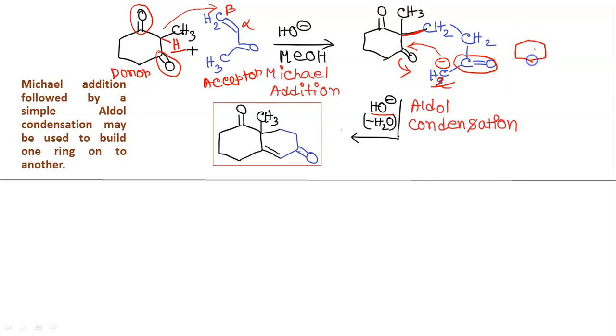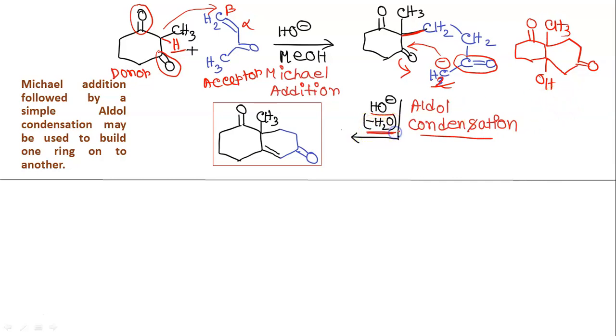If I write the structure, because one step is not written, CO, CH2, C=C double bond, and there will be OH. And finally, it is not simply aldol addition, it is also aldol condensation. That means up to this step it is addition, because the C minus carbanion is attacking the carbonyl.